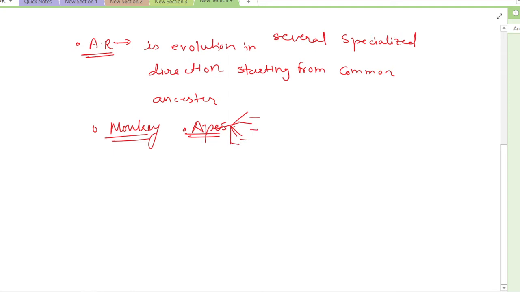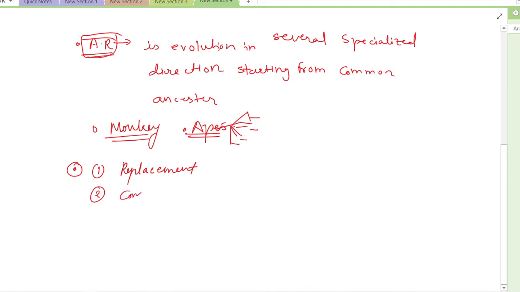There are hundreds of types of species which have come and adapted to local environmental needs. That is what adaptive radiation is. So there are some properties. Adaptive radiation leads to, first, replacement of one species or one generation form of organism by another. The second is, it enables different forms of organisms to acquire different competitive abilities.